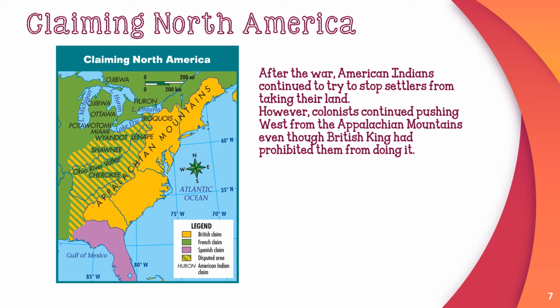The proclamation upset colonists who were eager to settle in the Ohio River Valley. Many of them pushed west despite the king's order. After the war, American Indians continued to try to stop settlers from taking their land. One Cayuga Indian leader called Logan tried to keep peace with white settlers.